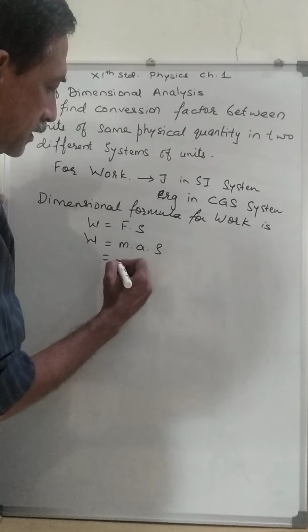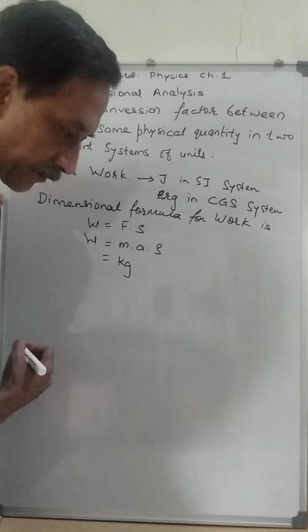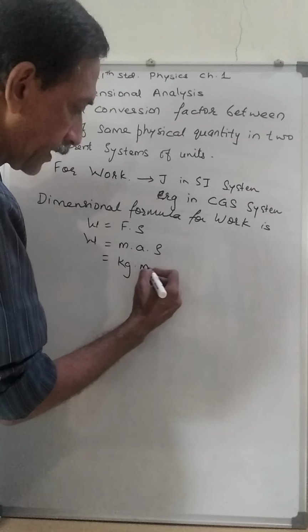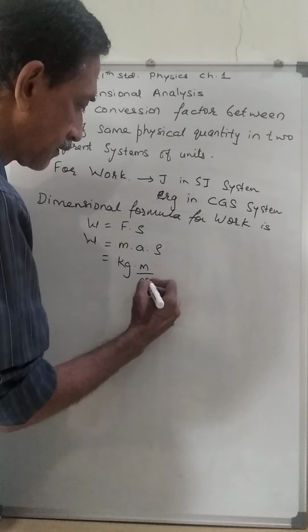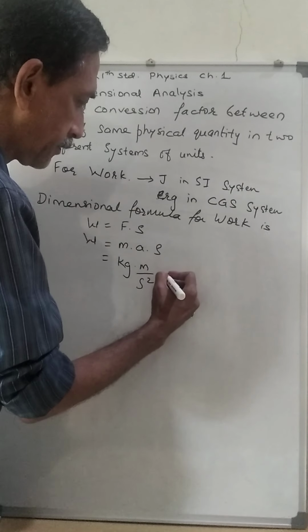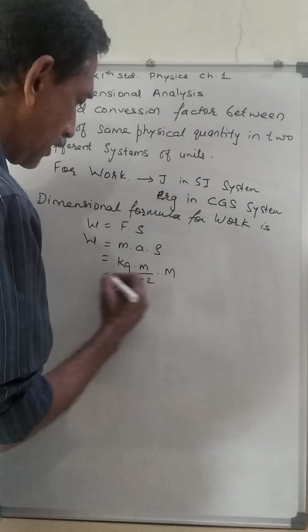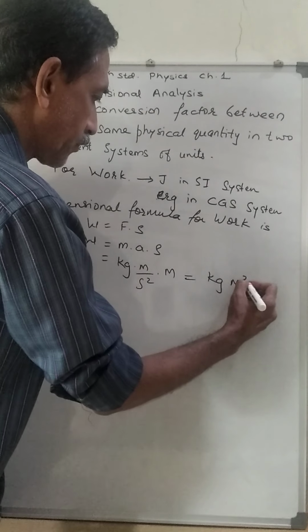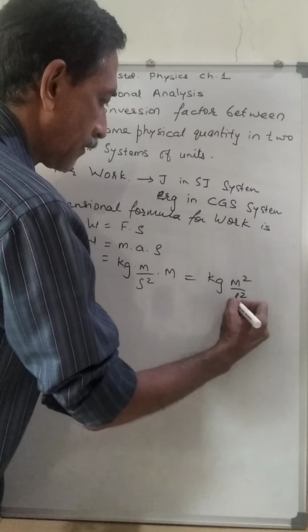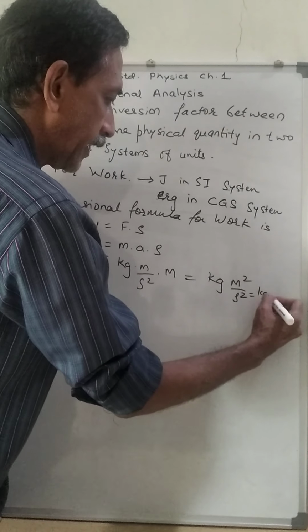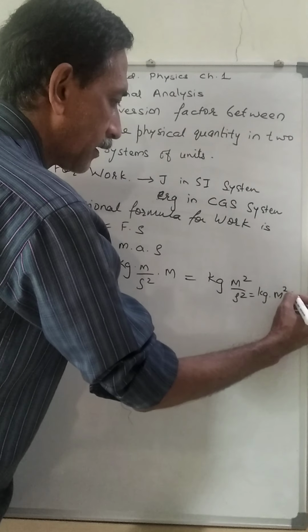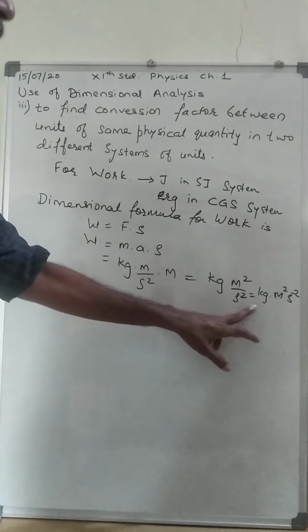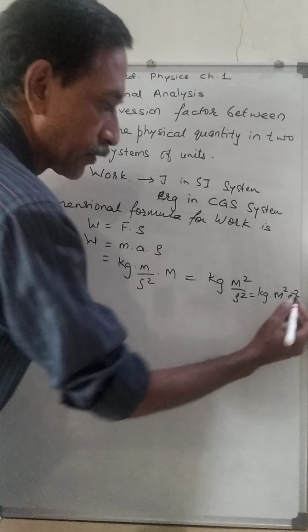Mass is kg, acceleration is meter per second square, and displacement is meter. So ultimately we have kg meter square upon second square, or kg meter square second minus 2.